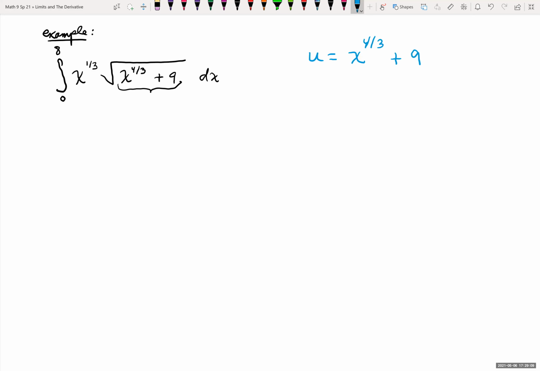So let's take the derivative of both sides. We have du equals the derivative of x to the 4/3. So bringing the power down front, 4/3 x, subtract 1 from our power. So 4/3 minus 3/3 is 1/3. And the derivative of a 9 is 0. And then we put on dx.